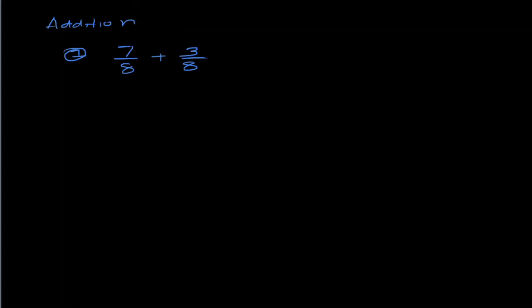So let's think of it graphically. We have a pizza and it's cut into 8 sections. So 1, 2, 3, 4. Oh, that's bad, but whatever. Just imagine that's 8. So 7 over 8 would be all of this. And then if we go back and draw another pizza, which is also 8. Wow, I'm just really bad at drawing pizzas.